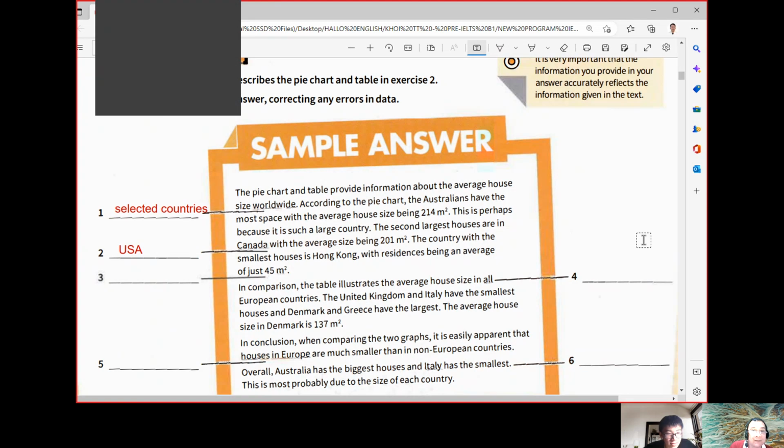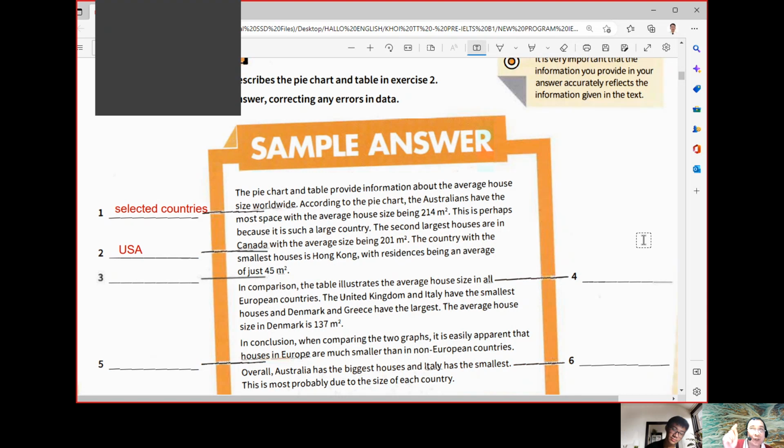I think this is some kind of inversion, but I can't remember exactly. I think it's some kind of summary in grammar. If it were "with residences which are on average just..." we omit the "who" and the "is" and use "being."